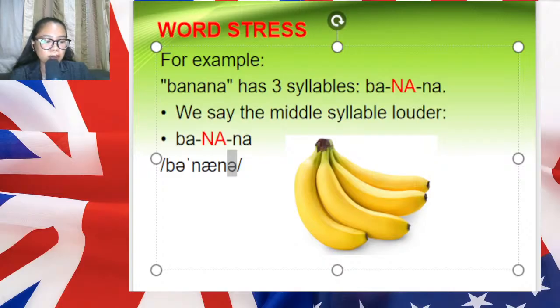Of course, we should be able to have a balance. If there's a loud sound, there should also be quieter ones so that we can identify that this particular sound is loud because there's a comparison with the other sounds that are quieter. We cannot say something is louder in general if there's nothing to compare it to, because when we use the suffix we are comparing two or more things, right?